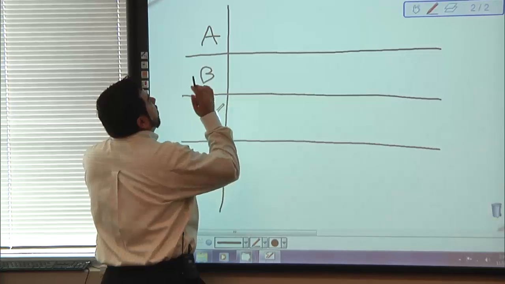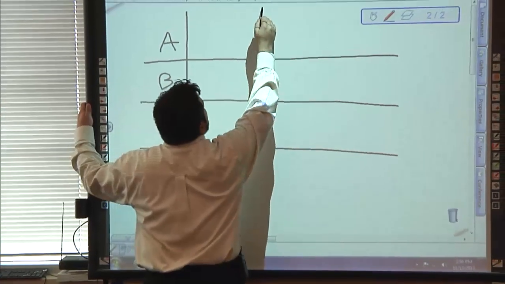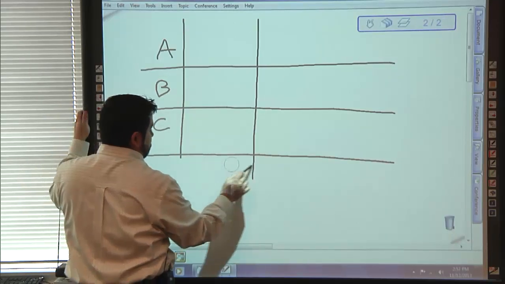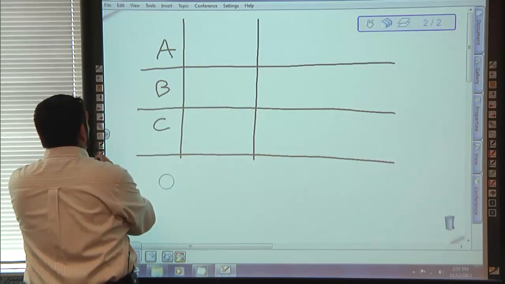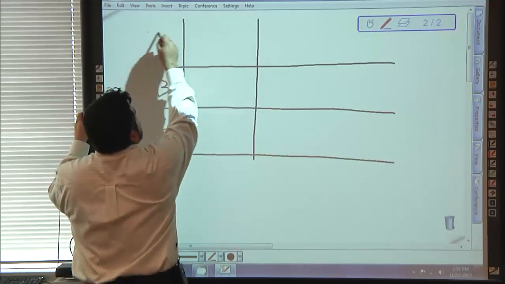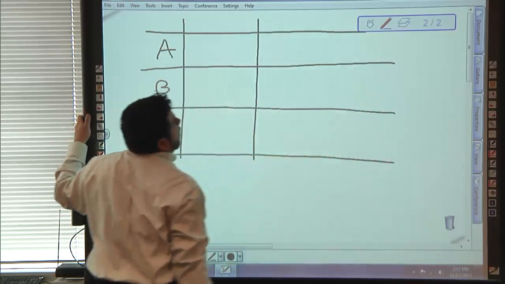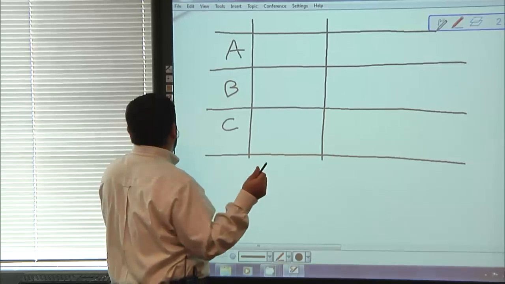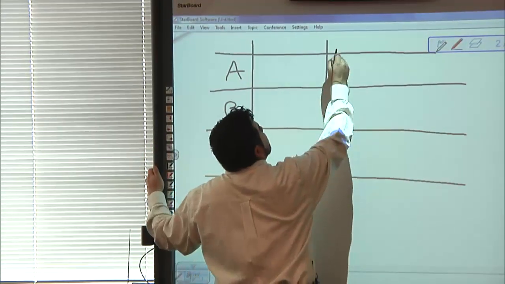In a Class A address, there are two things that are important about any class of IP address. We talked about one. What was the first one? The number of hosts.